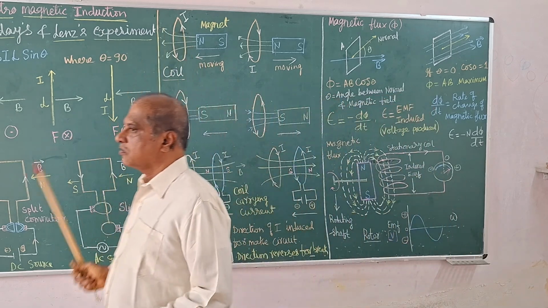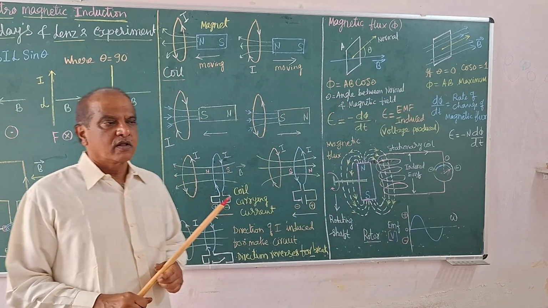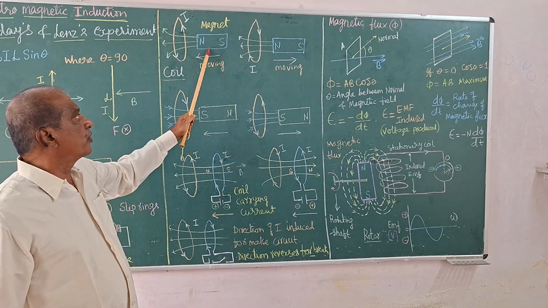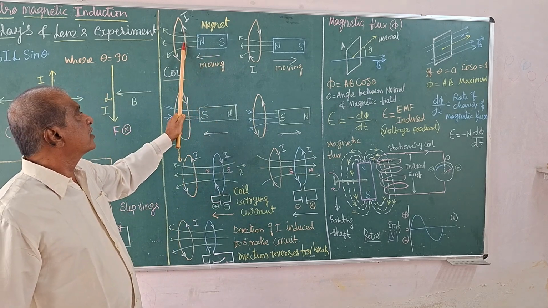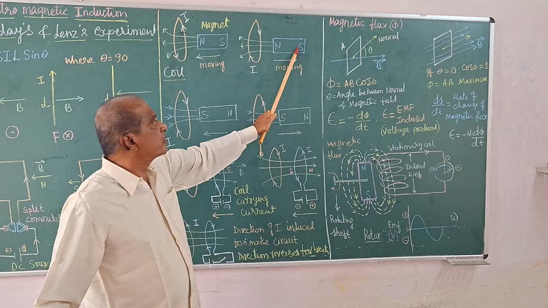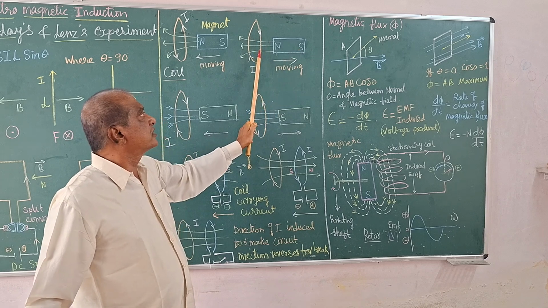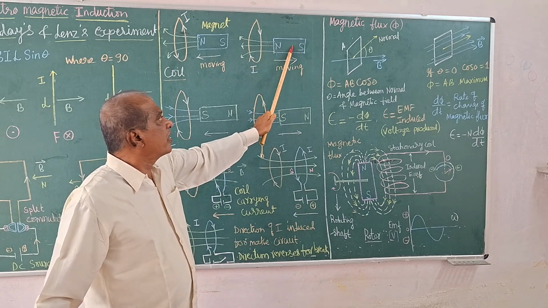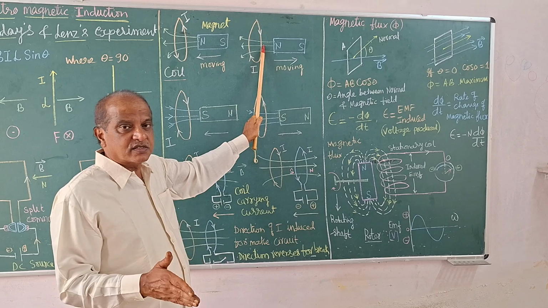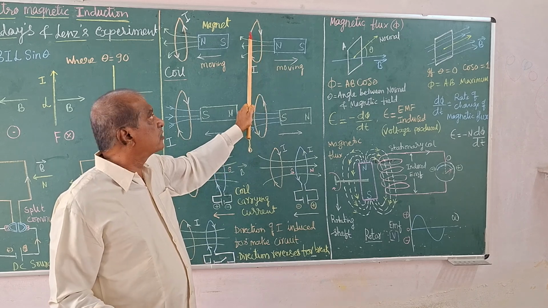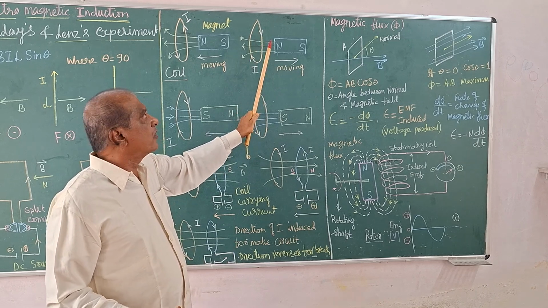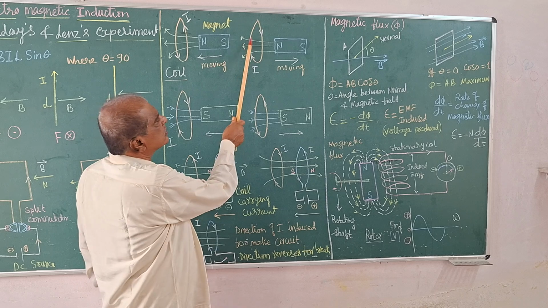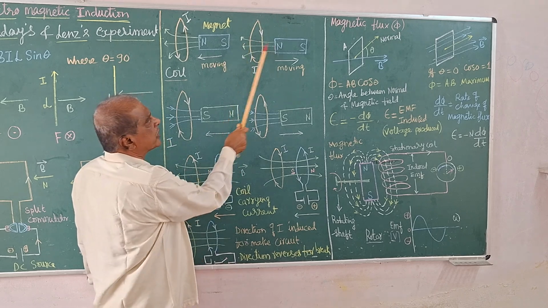Minus indicates what would be the direction of the current while the magnet is moving. While moving away from this direction, magnetic flux decreases, but it will oppose. So what does it do? It produces magnetic flux in the opposite direction.